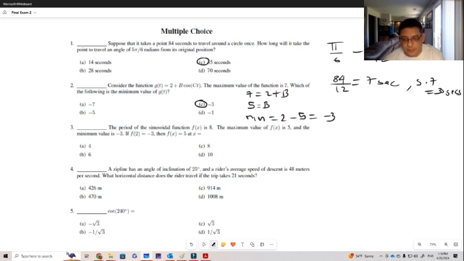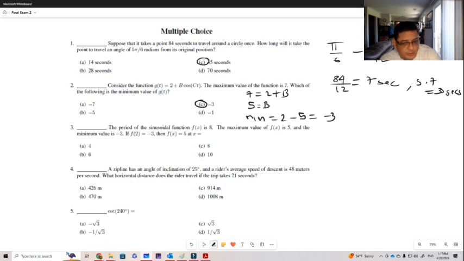For number 3, the period of a sinusoidal function is 8, the maximum value of f of x is 5, and the minimum is minus 3. If f of 2 is minus 3, we want to know where f of x equals 5 occurs.